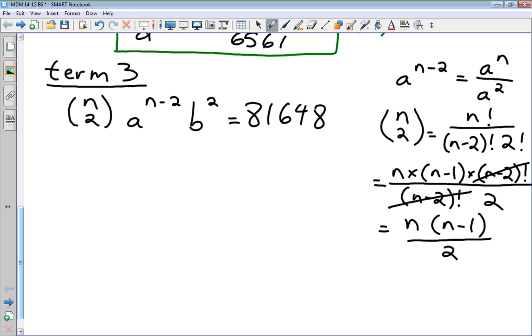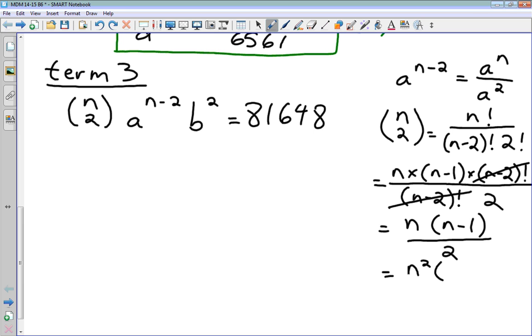Now, the trick that I'm going to use here, which isn't immediately obvious, is I've got an n over 2. If I look back at what I have here for term 3, I've got a b squared here. And if I look up at this thing that I'm going to substitute in for an a to the n minus 2, I've got an a squared down on the bottom. So rather than having an n, I'm going to make it so that I have an n squared.